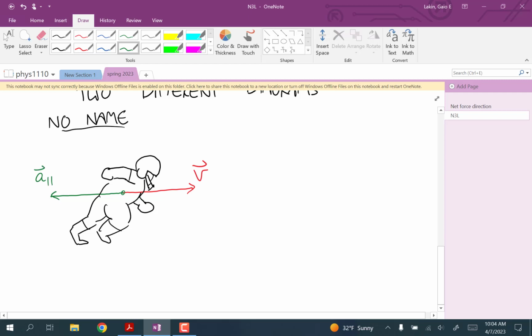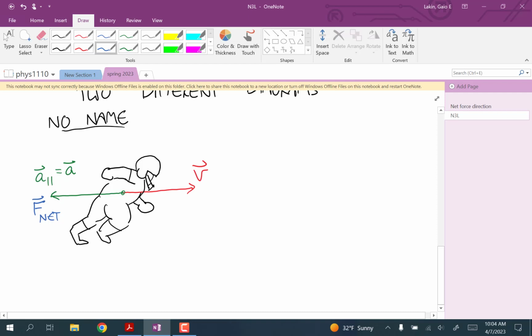The person isn't turning, so you know that the total acceleration is also this way. And from Newton's second law, you know that the net force is the same direction as the acceleration. So your net force is that way. Okay, you've done these diagrams a lot.